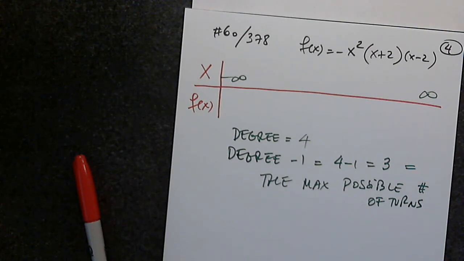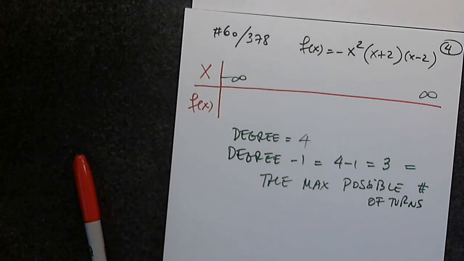By a turn, we mean increasing, gets to a peak, decreasing, gets to a minimum, increasing, that's another turn, gets to a peak, decreasing, that's another turn. But x cubed, look at my hand. This is x cubed. It's always increasing. Although its degree is 3, and it can have maximum 2 turns, it doesn't have any.